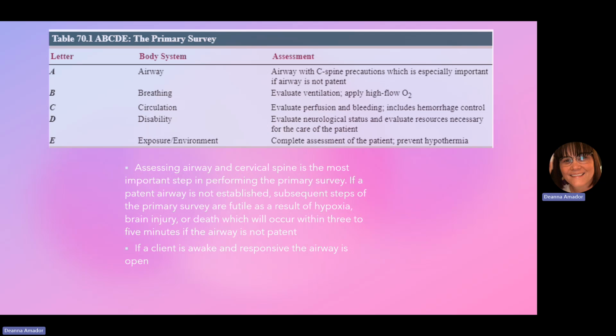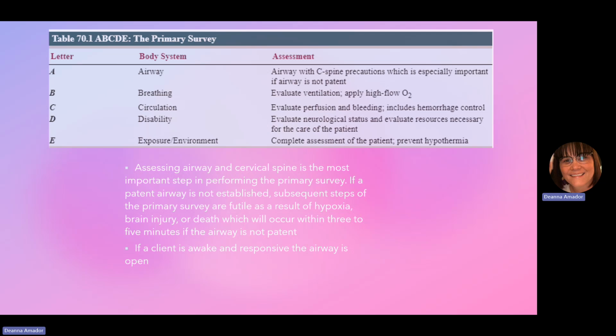And then E, like I said, is exposure and environment. This is a complete assessment of the patient, and it says prevent hypothermia. With exposure, you're pulling out those trauma shears and cutting off the clothes. That is what you're doing with E for exposure.